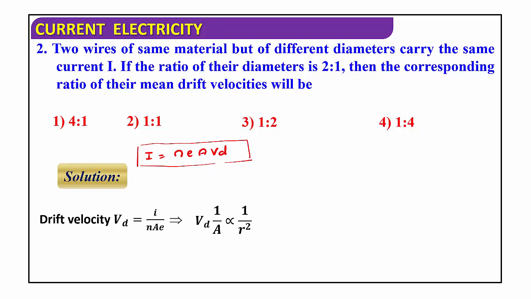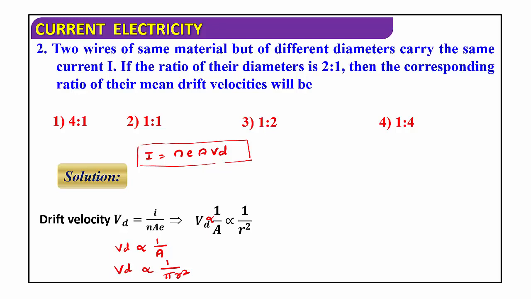What does it indicate? Vd is inversely proportional to area, according to the above equation. Area is equal to pi r square, because we can consider area as equivalent to the thickness of the wire.